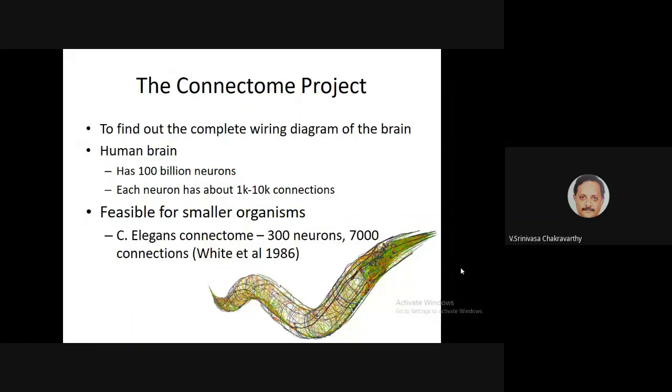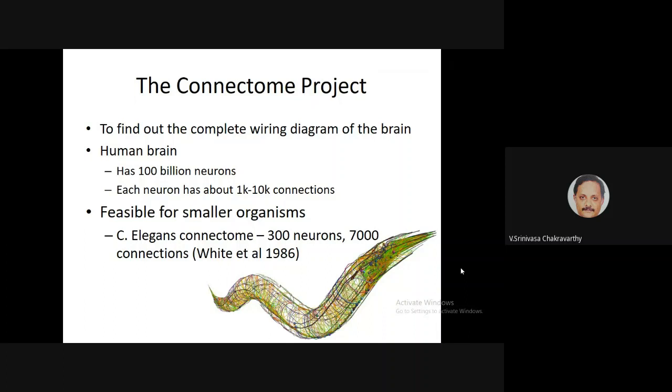Now, if you go from cell to network level, the next question of interest will be: in a nervous system or in a brain, how are the neurons connected? Which neuron is connected to which other neuron? You can think of the brain or a nervous system as a graph of neurons, where certain neurons are connected to certain other neurons.